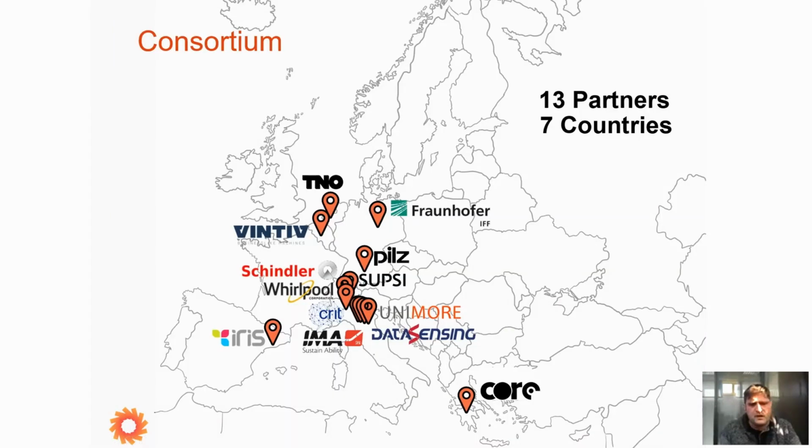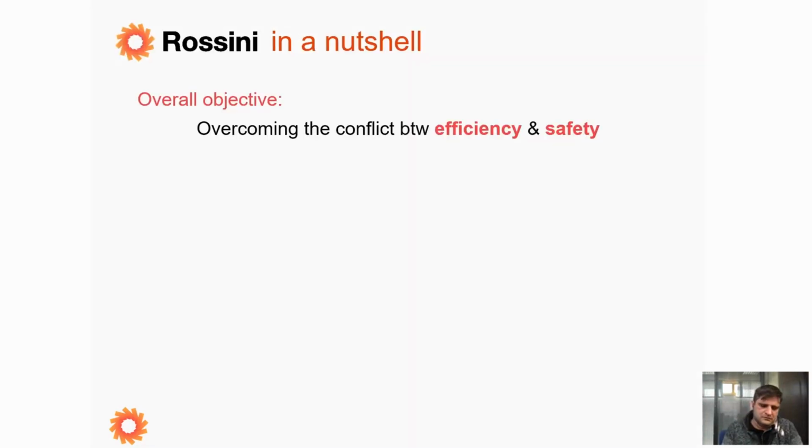Speaking about Rossini, as you probably know, Rossini is a European project done with 13 partners throughout all Europe in 7 different countries. And just in a nutshell, to get oriented, the Rossini aim is to try to overcome the conflict between efficiency and safety in the domain of robotics and collaborative robotics.